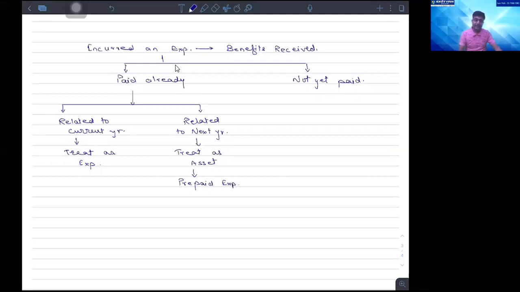Whereas if you have not yet paid it, again, if it is related to current year, treat it as a liability, as expense of current year and liability.